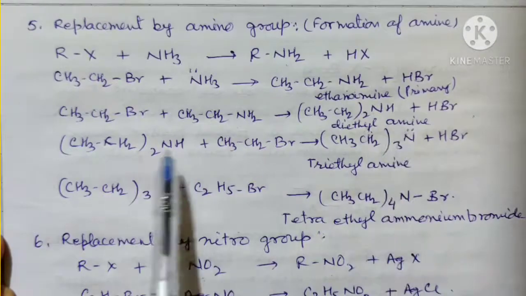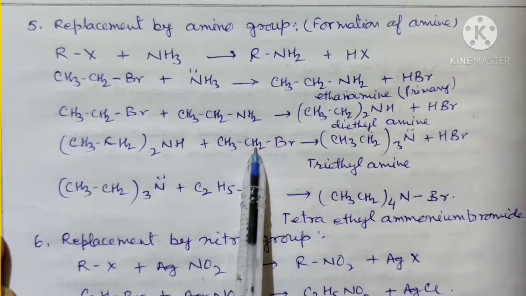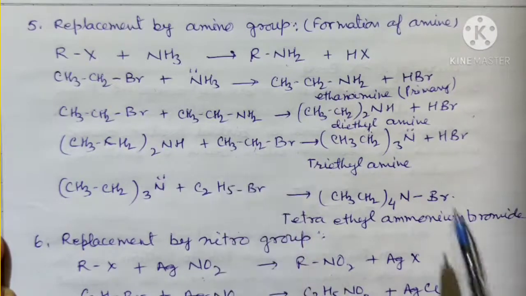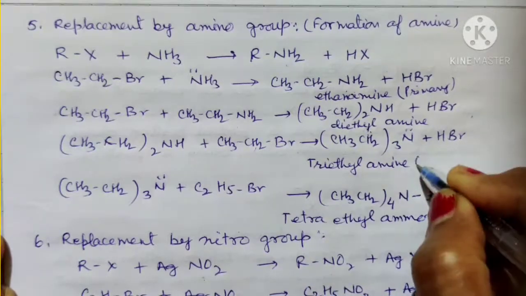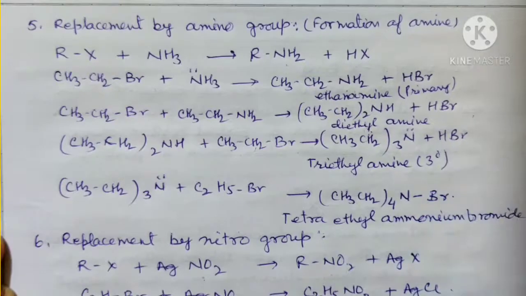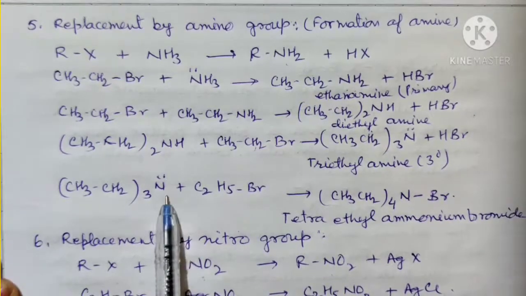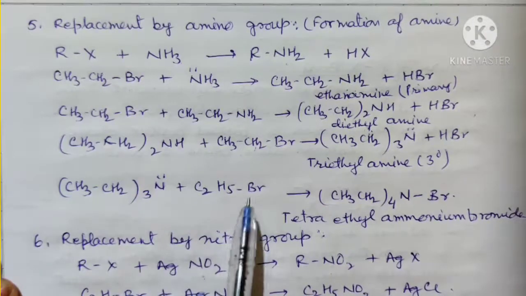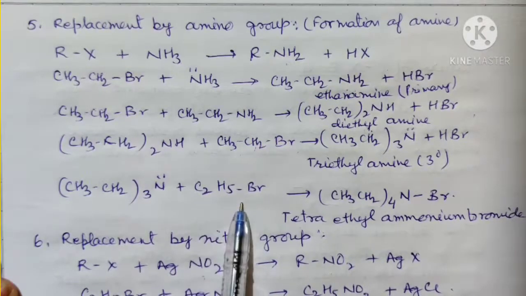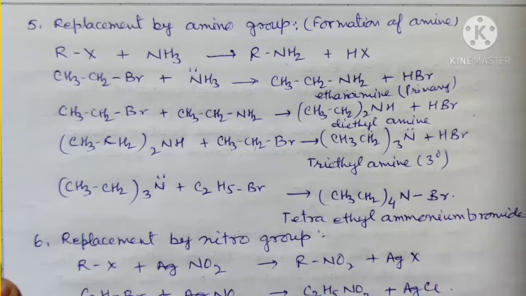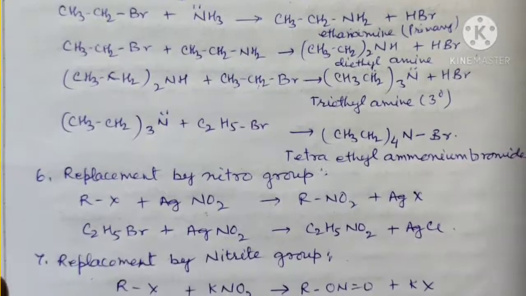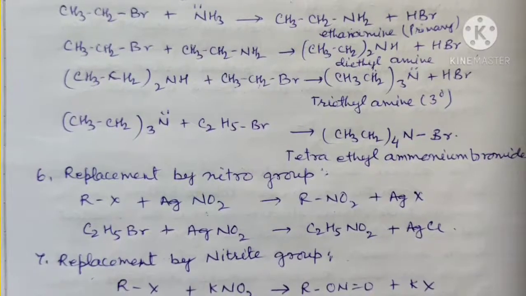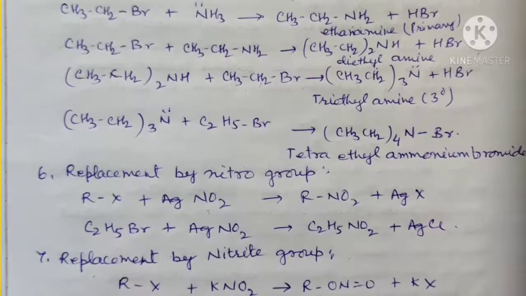And when secondary amine reacts with the haloalkane or bromoethane, it will form tertiary amine or triethylamine. This is tertiary, represented by 3 degree. Now because the nitrogen has one lone pair of electrons, it again reacts with one molecule of bromoethane and forms quaternary ammonium salt, that is tetraethyl ammonium bromide.